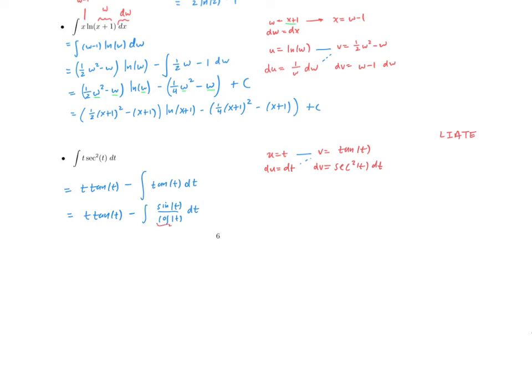substitution. If u, and let's call it w, is cosine, dw would be minus sine dt. We have a minus out front. If we make that minus out front a plus, we can pull the minus inside, so that minus sine t dt is our dw.